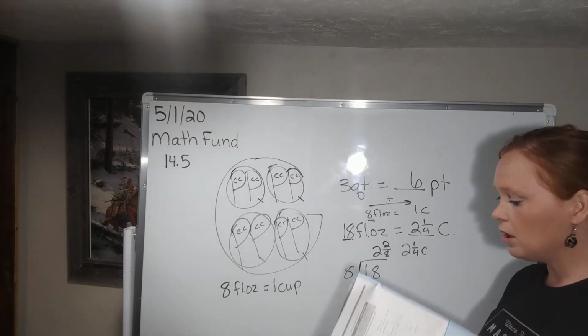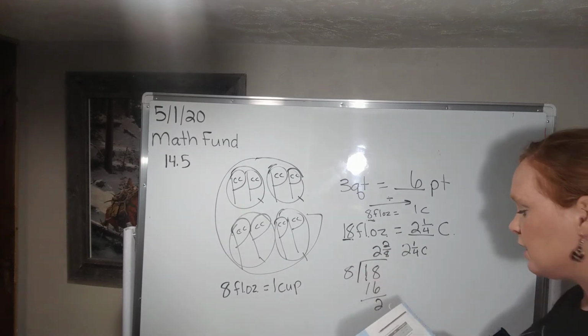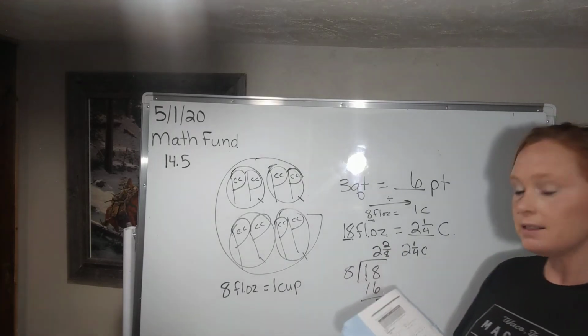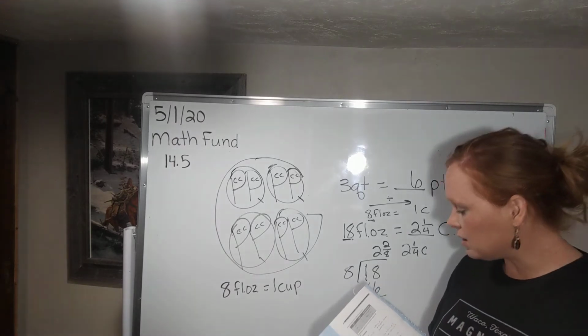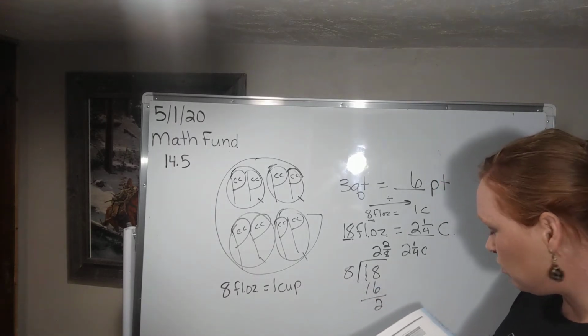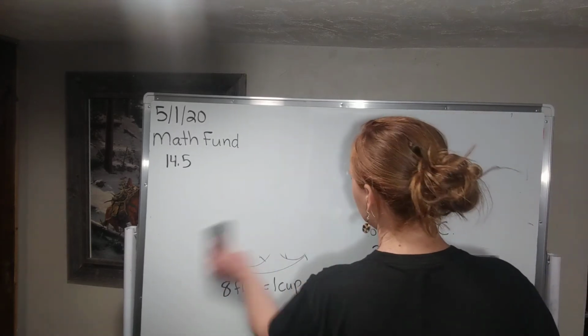Okay, if you look on the next page, on page 416, you're going to see the chart for ounces, pounds, and tons. It gives you 16 ounces equals a pound, and 2,000 pounds equals 1 ton. And then it's going to ask us to make some conversions there.